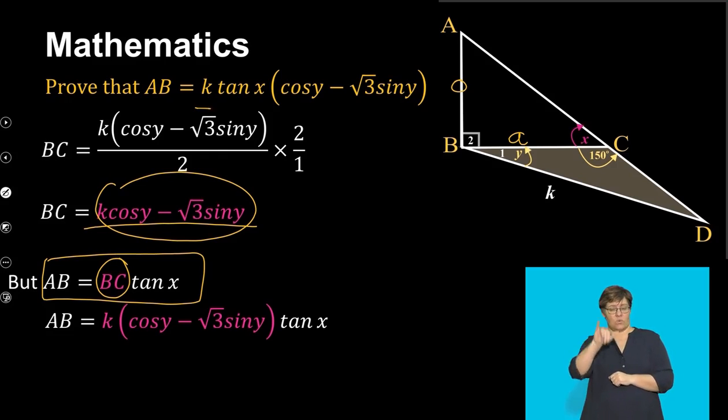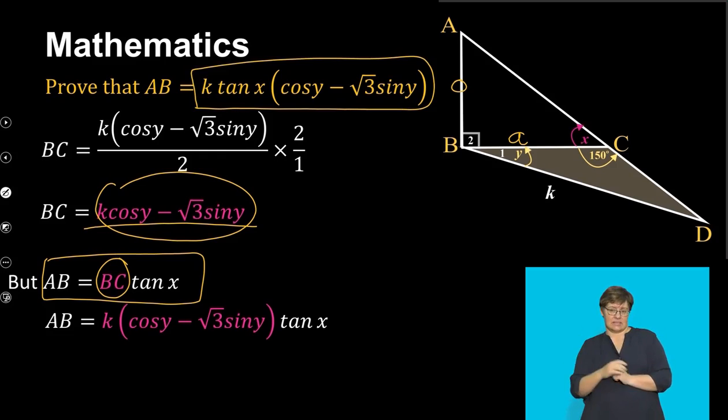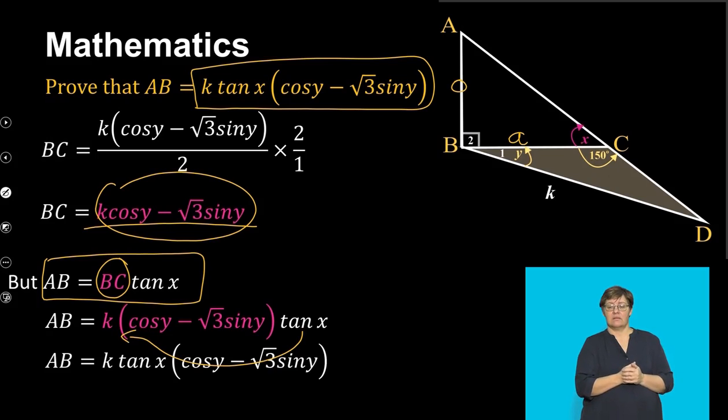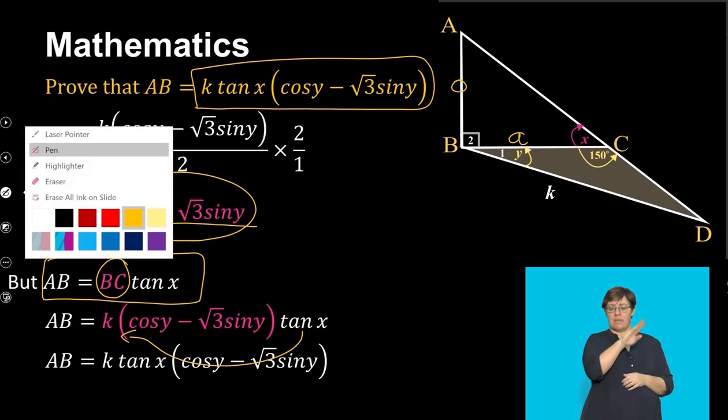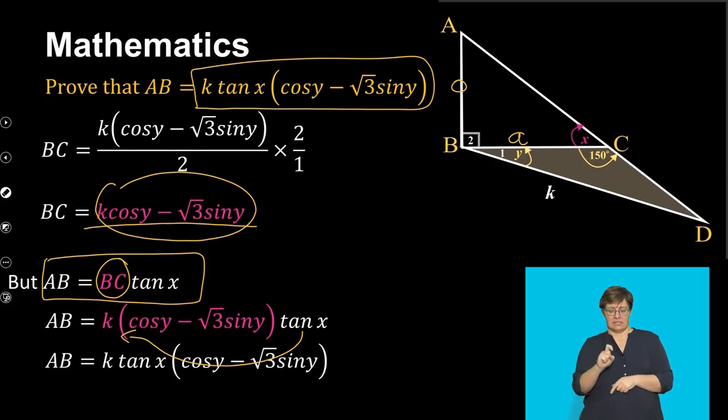If you look at what they asked us to prove, it's exactly the same thing, except that the tan of x is in front. So just rearranging this, I end up with k tan x times cos of y minus root 3 sine of y. And that's exactly what they needed us to prove.